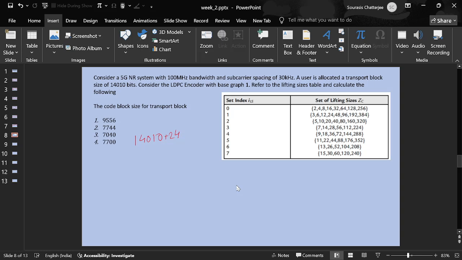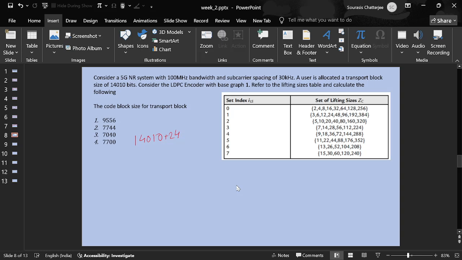When it says the user is allocated a transport block, this 14010 doesn't contain the CRC, right? Because once we receive the transport block, we add CRC on top of that. No, it's the CBCRC. CBCRC is added in the physical layer, yes.